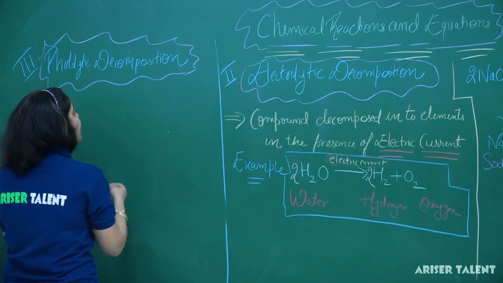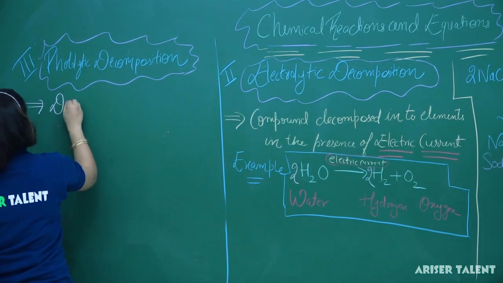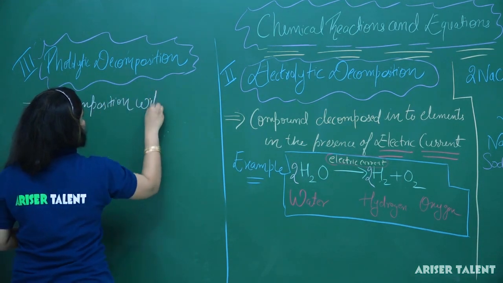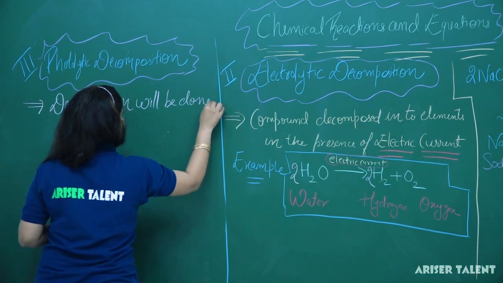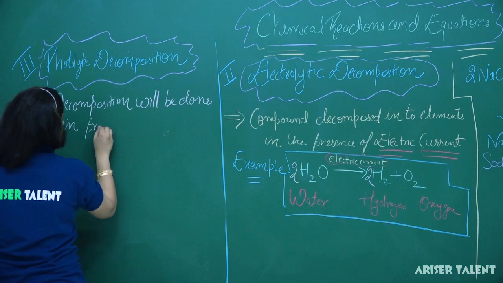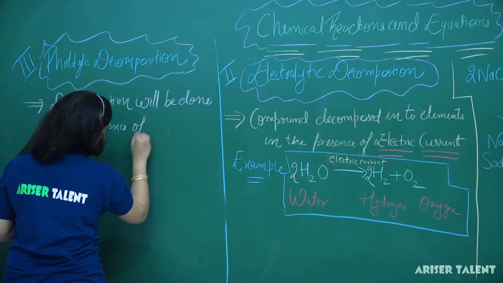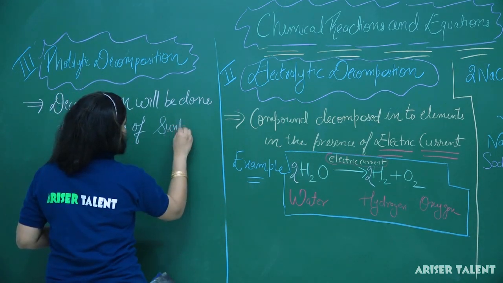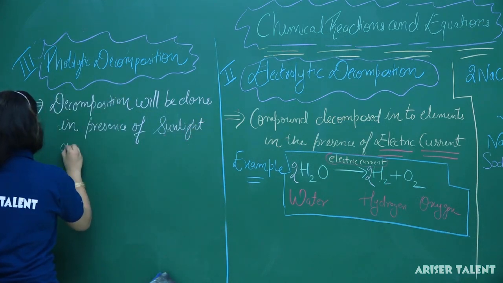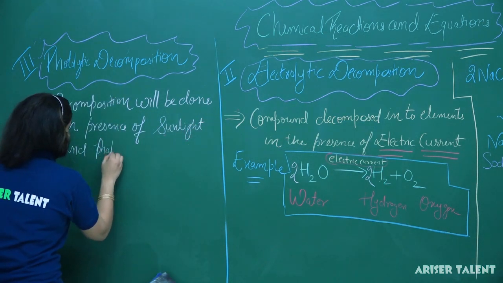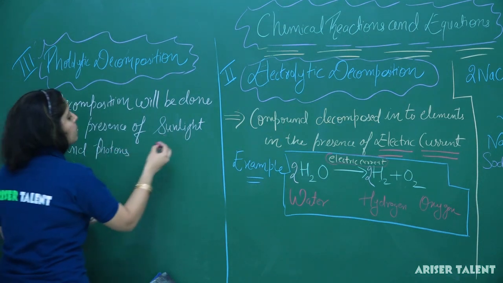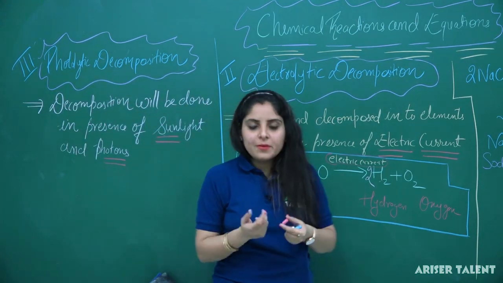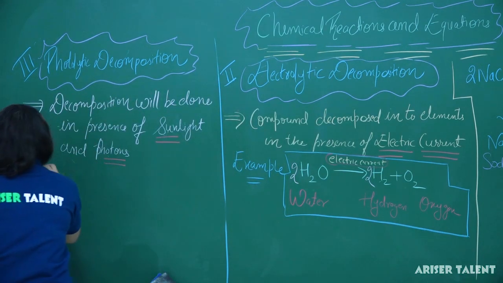So this decomposition will basically be done in the presence of sunlight and photons. So the terms we have to consider here are sunlight and photon. Now for the photolytic dissociation, we will consider an example.